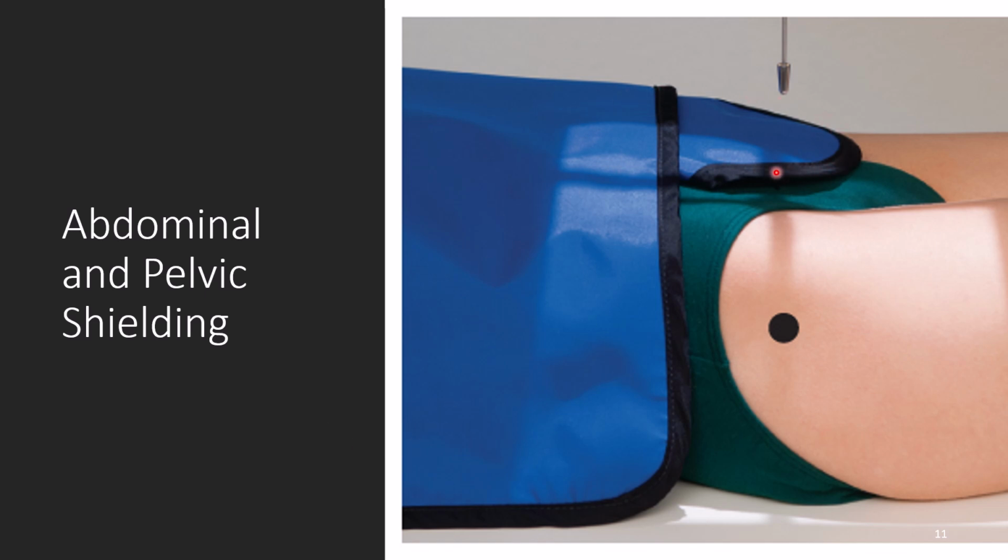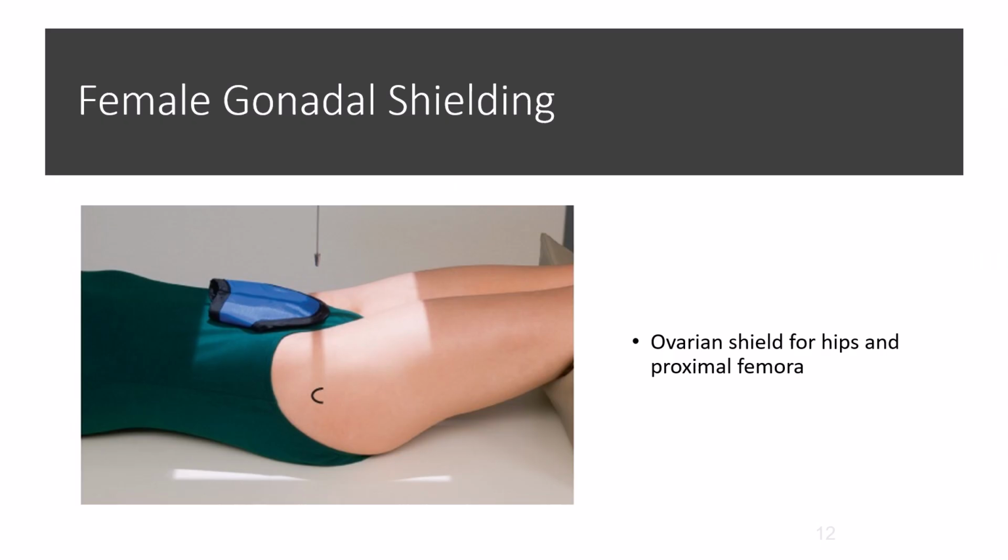So they've got the shield ideally protecting the region of the ovaries. They've got the shield protecting here, and the area of interest would be the proximal femur or the hip of the right side. Okay, but again, in our region, we do not use shielding on any patients. This is just showing you what the registry would ask about and expect as far as testing purposes.